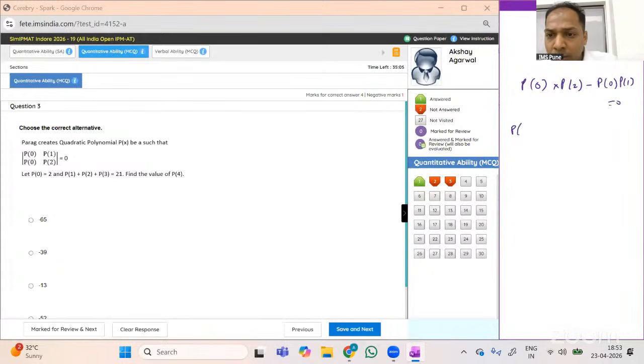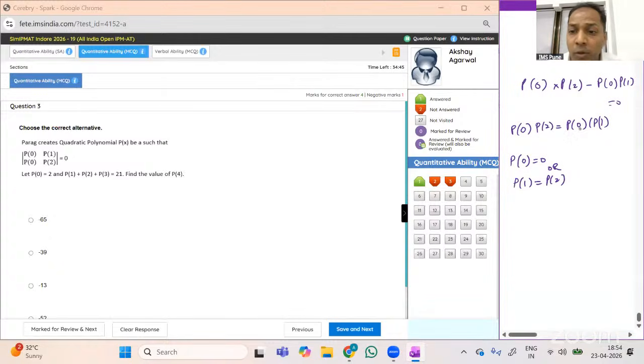So basically P of 0 into P of 2 is equal to P of 0 into P of 1. One case would be P of 0 is equal to 0 or P of 1 is equal to P of 2. These are the two solutions possible for this equation. But P of 0 is 2, so this is not the solution. Hence P of 1 is equal to P of 2.